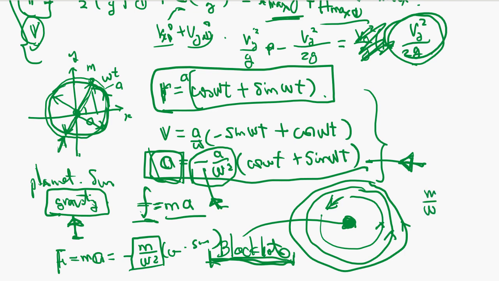M, oh, forgot the A. M, you know, omega is V over A, right? The speed along this circular motion divided by A gives omega. So it's going to be V square over A.